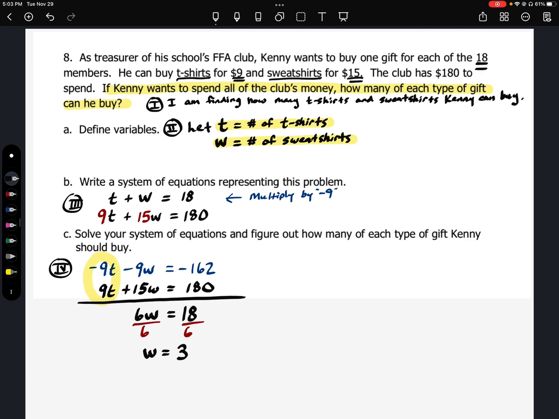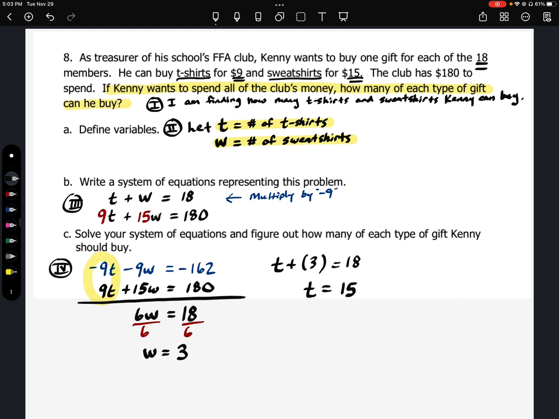If I plug that back in, T plus 3 should equal 18. We'll subtract 3 from each side. We'll get T equals 15. So it looks like he wants to buy 15 of the t-shirts and 3 of the sweatshirts.